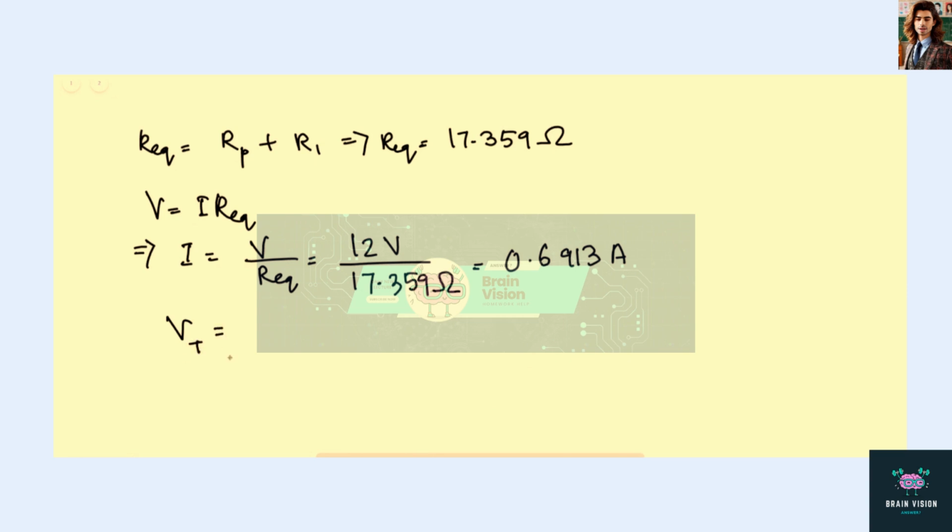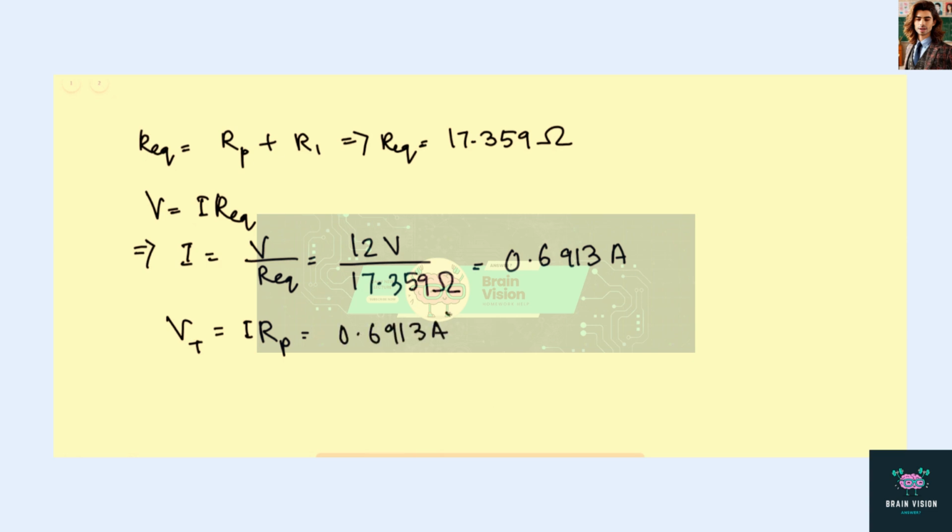So VT, which is the terminal voltage, which now has a load resistance, will be equal to the current that flows through this times RP, which is the equivalent resistance of the parallel combination.